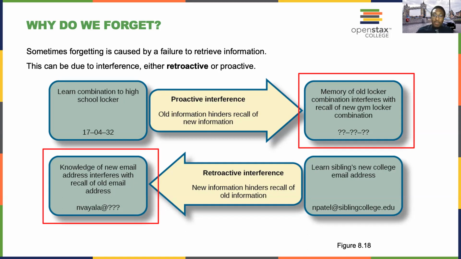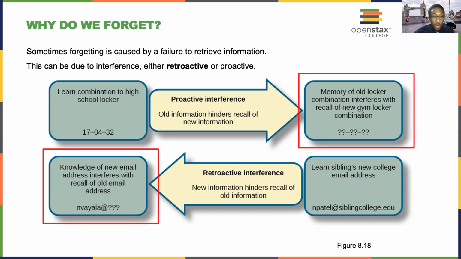So because you have such strong memories of that old lock combination, it hinders your ability to remember your new lock combination. And so we would call that proactive interference. It's going forward in time. The interference is going forward in time. So the old information is going forward in time and hindering the new information.